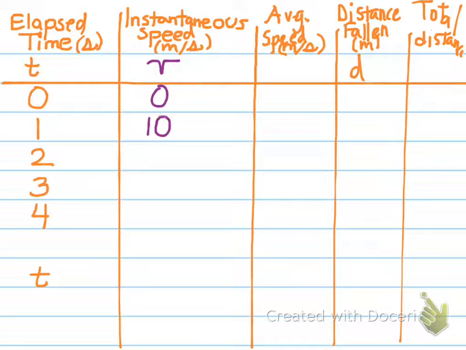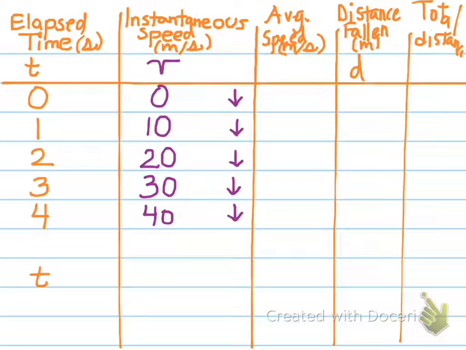So my speed will be 10 meters per second. In my second of fall, I'm going to increase by another 10 meters per second, so I'm now going 20 meters per second. I'm going to pick up another 10, so that means I'm going 30 meters per second. And I'm going to pick up another 10, so I'm going to be going 40 meters per second. And I can make them velocities by just saying that they're all going downward.